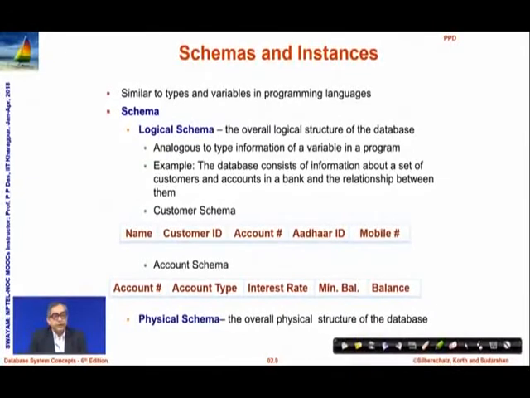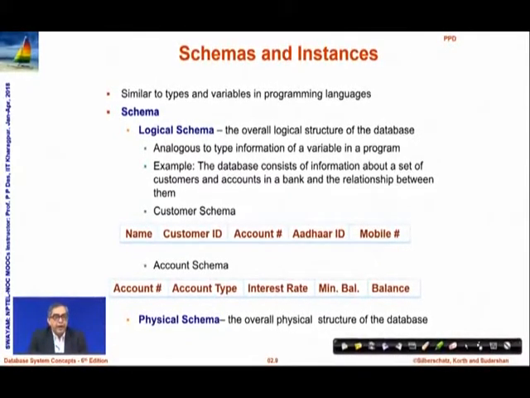Whereas, when we talk about a specific schema of account that the customer holds with a bank, then we need the account number, account type, interest rate, minimum balance, the current balance and so on. These are the fields of information that we need, and we need to know what is the type of every such field, and those kinds of information form the schema information.